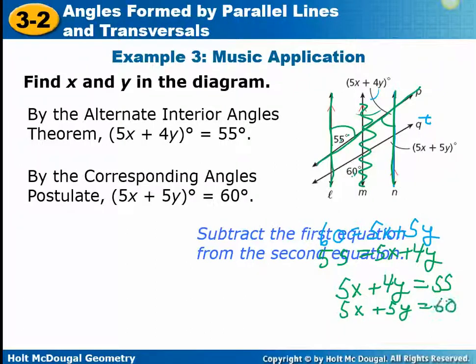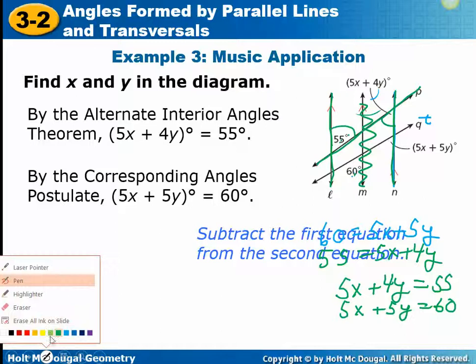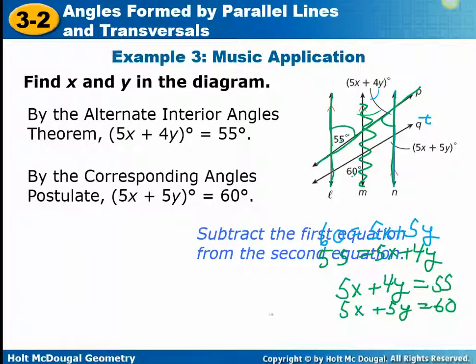What they're saying is if I multiply everything on the bottom one by, say, a -1, let me change all of the signs then, and then add these together. Actually, I bet they did the negative on the top one. So I'd have -5x plus 5x is 0, -4y plus 5y is 1y, and then -55 plus 60 is 5.